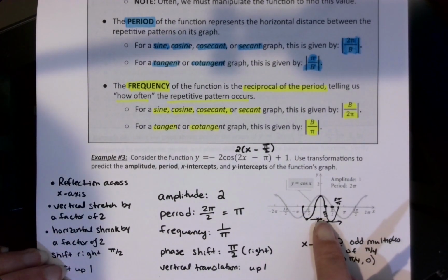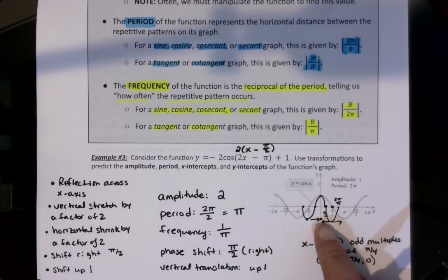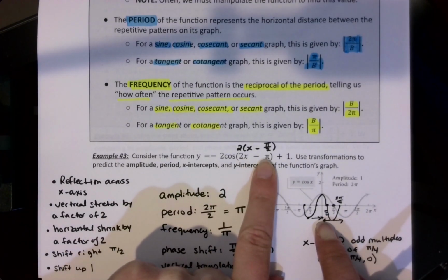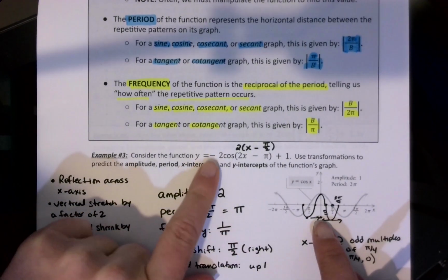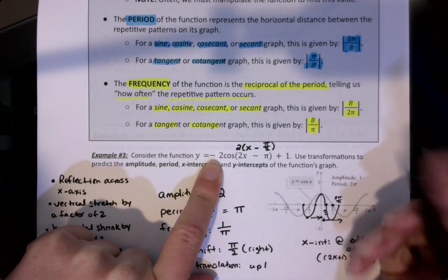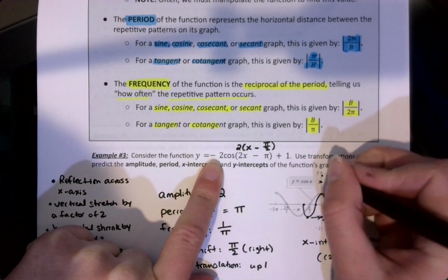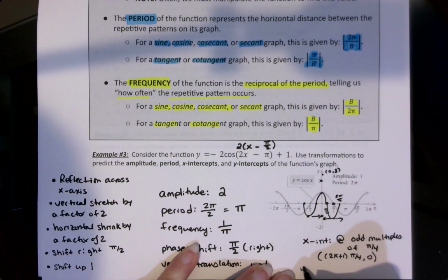So at the moment, I'm at 0, negative 1 after the horizontal shrink and the shift to the right. Then I need to take that point, I need to reflect it up, stretch it up to 2, and then I need to add 1 to it. So I should be ending at 0, 3 for my y-intercept.